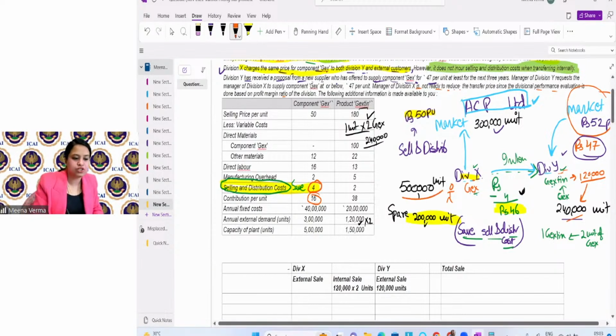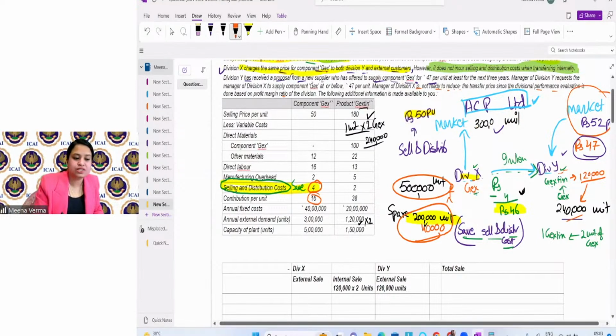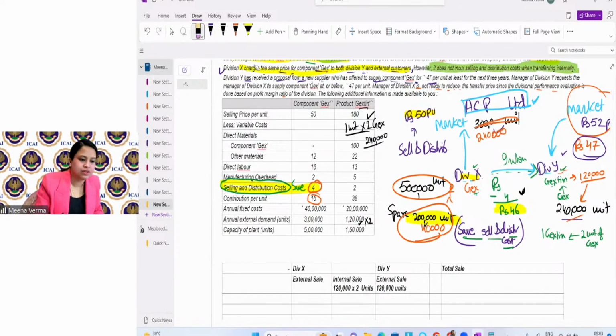But what is your capacity to produce units here? 5 lakh units. So you will produce 2,40,000 units for internal transfer. And how many units can you now sell outside instead of 3 lakh? Sorry, 2,60,000 outside, because internally you need 2,40,000.